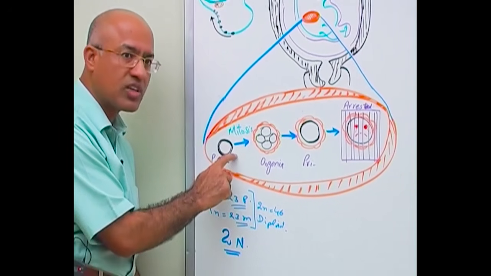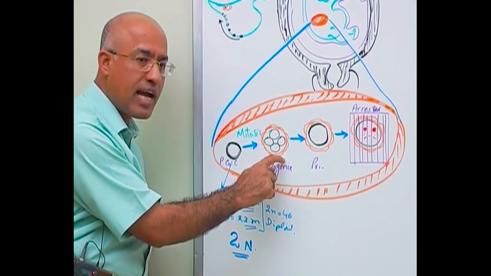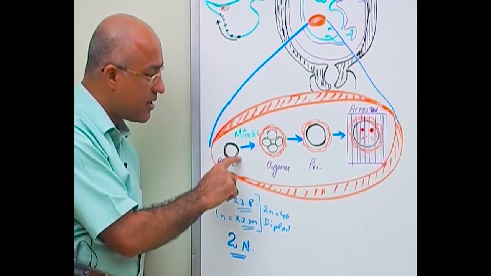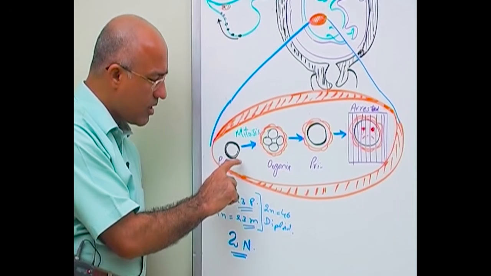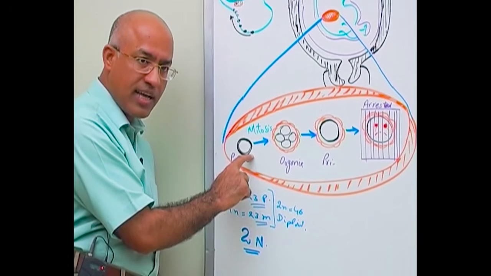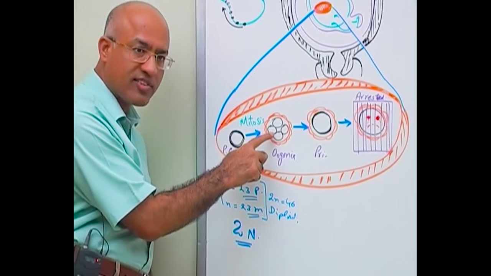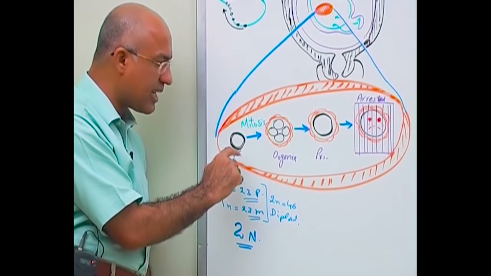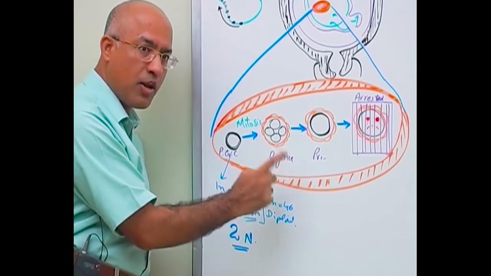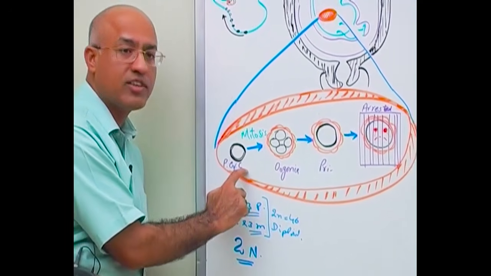Because they are produced by mitosis, the primordial germ cell replicates its DNA before division and then divides it equally into two daughter cells. So the amount of DNA and the number of chromosomes in the oogonia is the same as in the primordial germ cell.